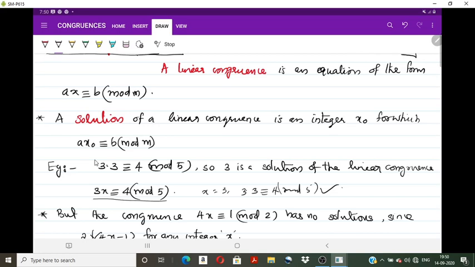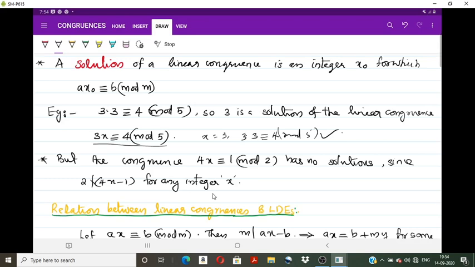Now we consider the congruence 4x congruent to 1 modulo 2. We can see that this congruence has no solution, because 2 does not divide 4x minus 1.